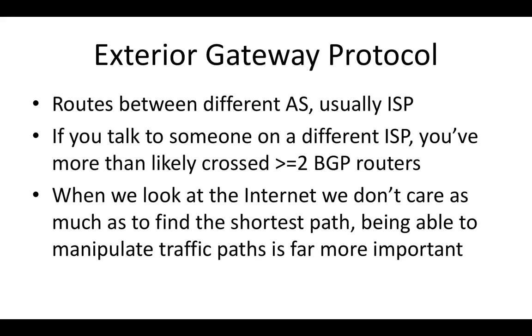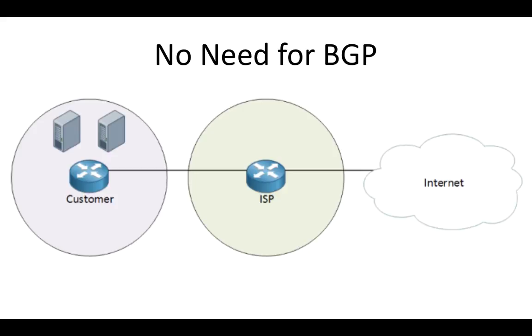What we're going to look at here is a normal network with no need for BGP. This is a pretty typical setup that you might see. We basically have a customer, an ISP, and the rest of the internet out there. From the customer's perspective, they have a couple of servers, and they probably get their IP addresses from that ISP. More than likely, maybe a handful of static IP addresses. If they just had one static IP address, they could put those servers behind NAT.